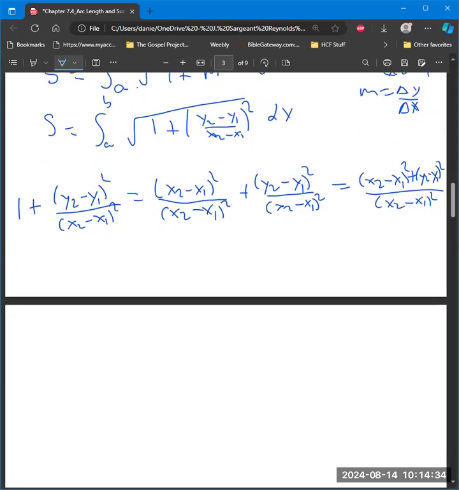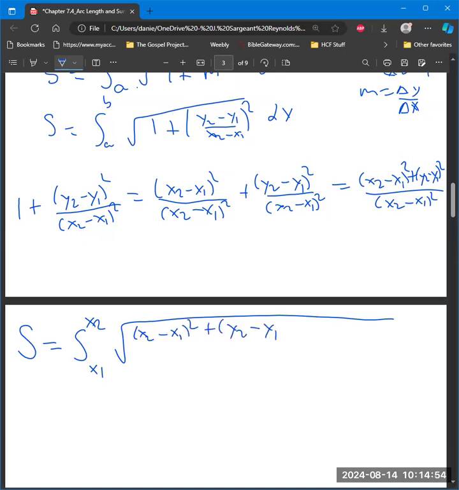That our S is going to go from x1 to x2, the square root of x2 minus x1 squared plus y2 minus y1 squared over x2 minus x1 squared dx.